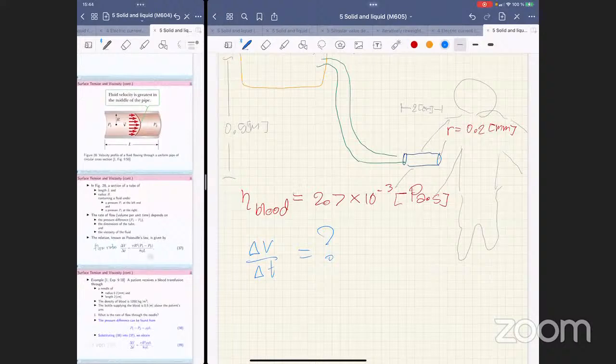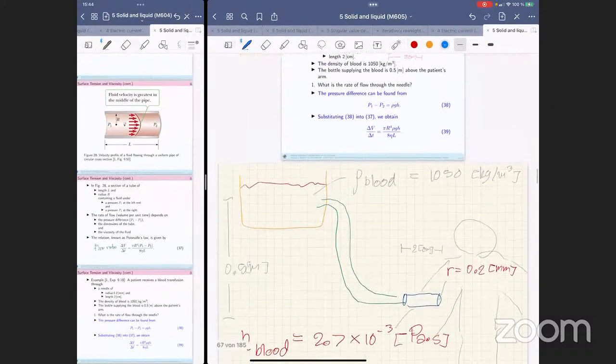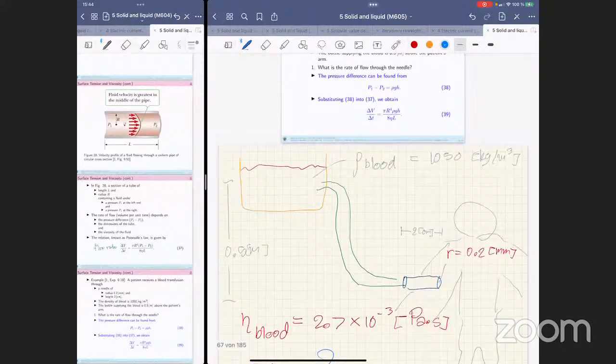Delta V by delta T depends on pi R to the power of 4 and the pressure difference, over 8 eta L. L is the length here, 2 centimeters, and R, the radius, is denoted by capital R.